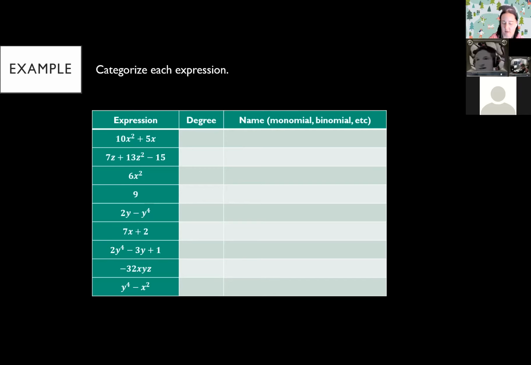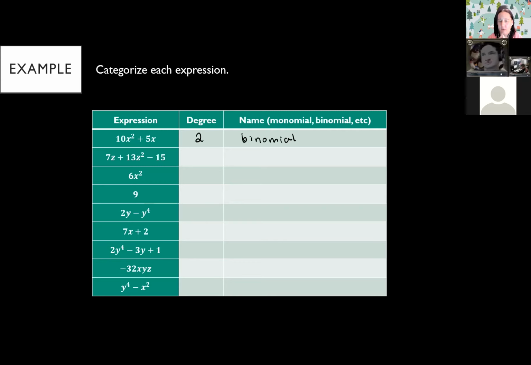That's correct. So 10 is the leading coefficient. The degree is 2 because that's the highest exponent. Now this has 2 terms, so this is a binomial, because there are 2 things separated by a single plus sign.